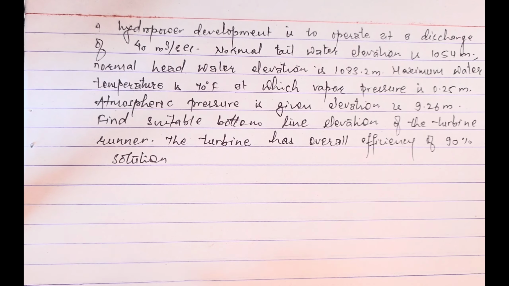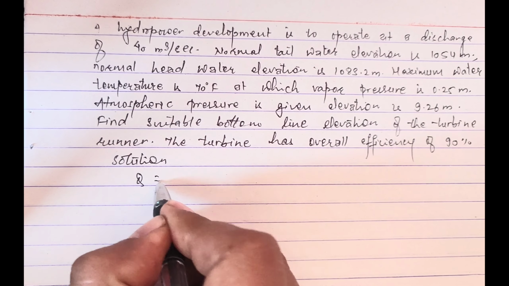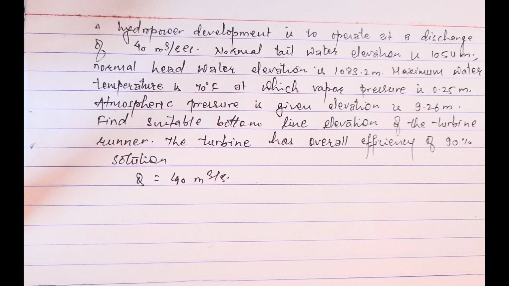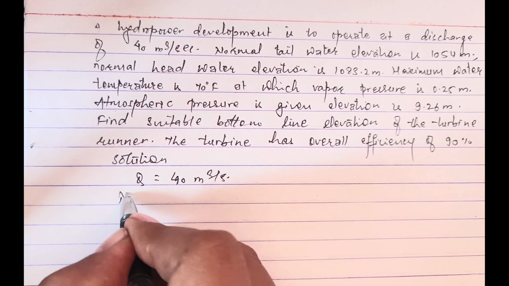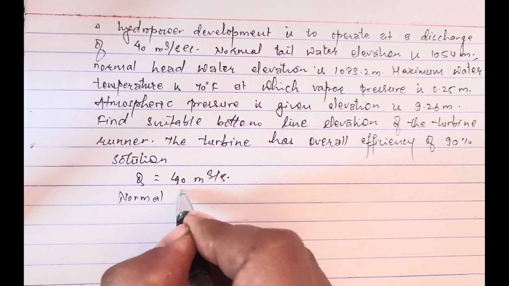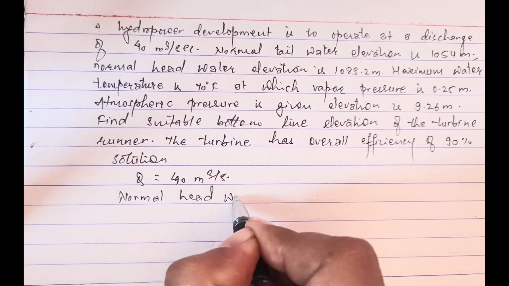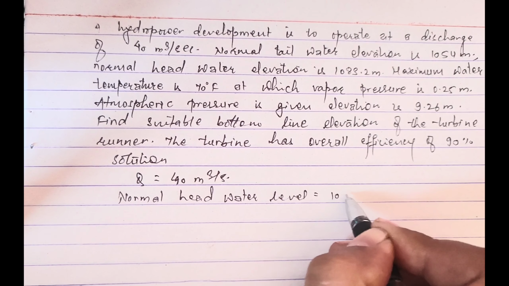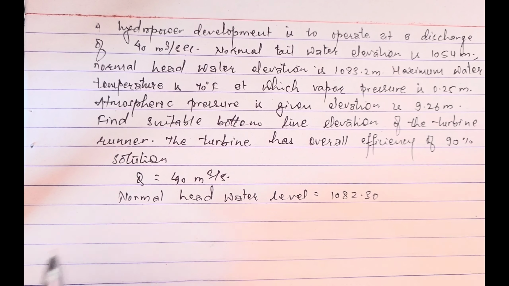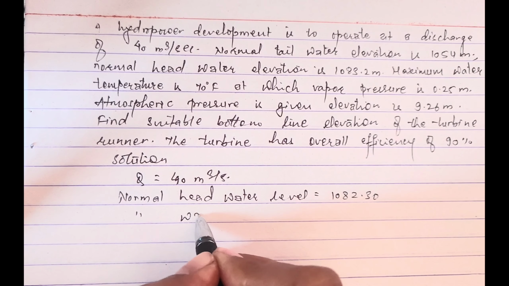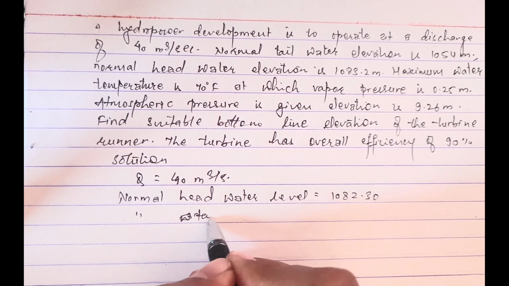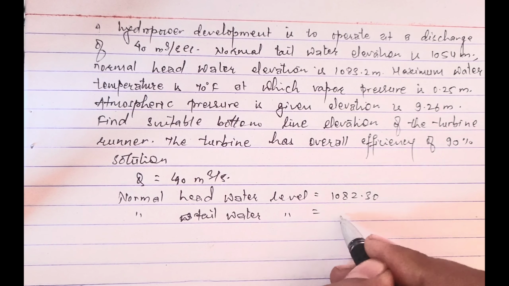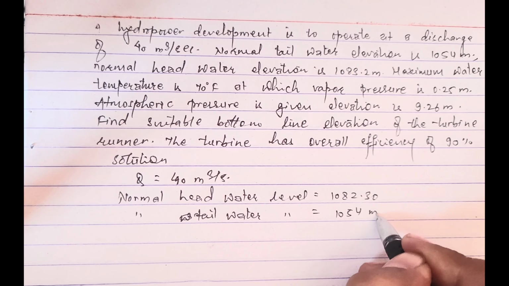So let's start the question with solution, where the given discharge Q equals 40 meter cube per second, and the normal headwater level equals 1082.30. Normal tailwater level equals 1054 meter.